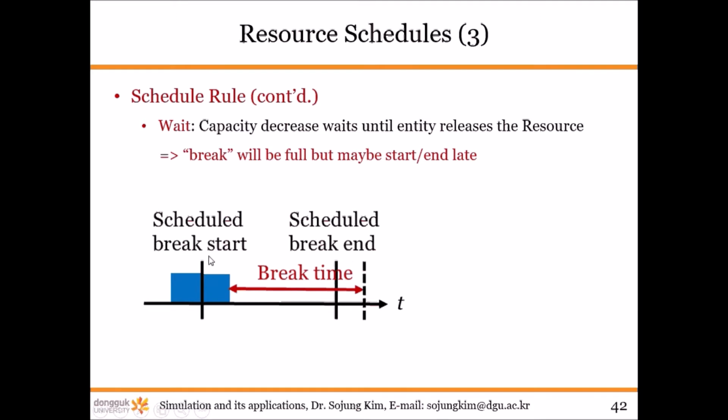So same from noon to 1 p.m. However, the break will start at what, 12:15, because there is a current work, right? After that, you will have a 1 hour break, because originally the break time was 60 minutes, right? So you will take a 60-minute break, and then the another work will start at what time? 1:15 p.m. Okay, that's the wait rule. So different from the ignore rule.